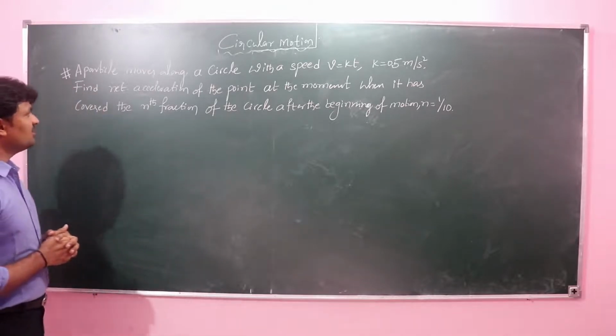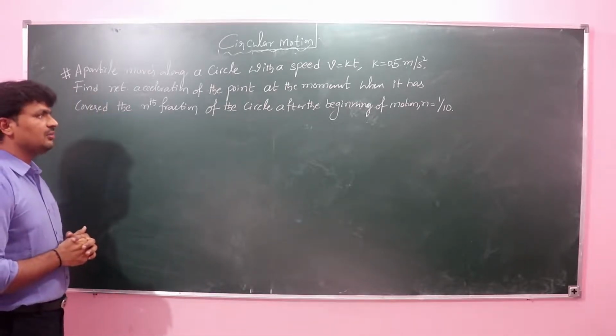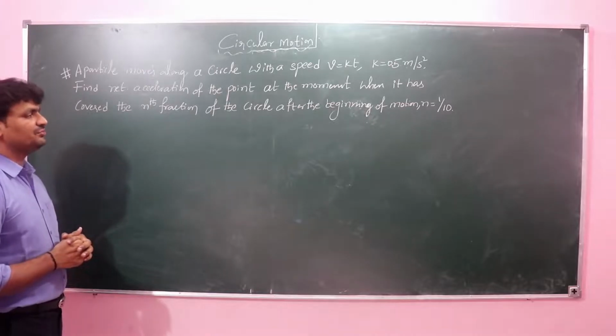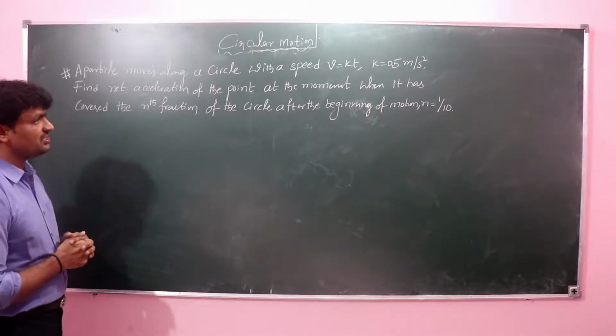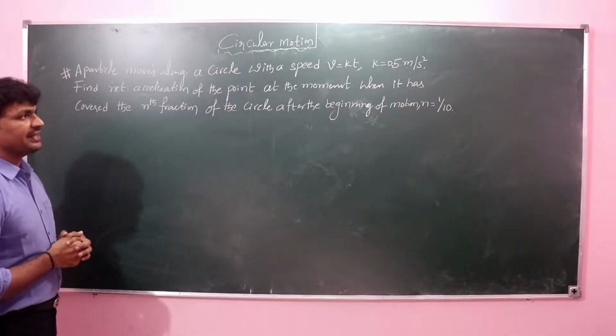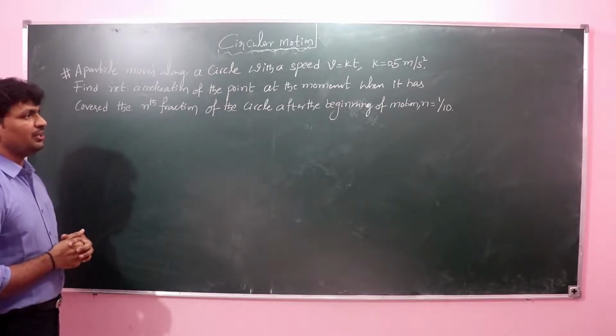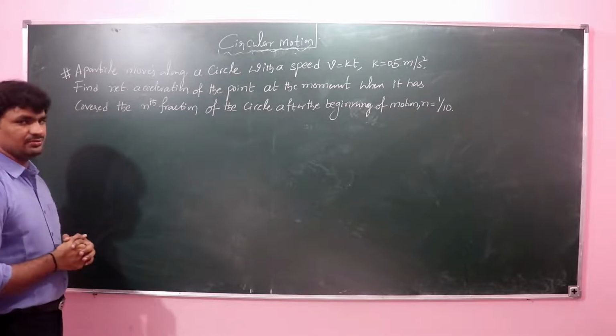The particle moves along the circle with a speed of v is equal to kt, means variable speed, where k is equal to 0.5 meter per second square.